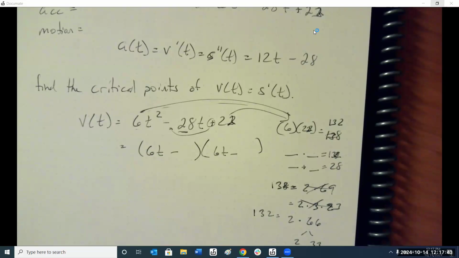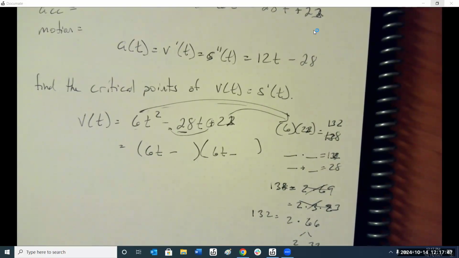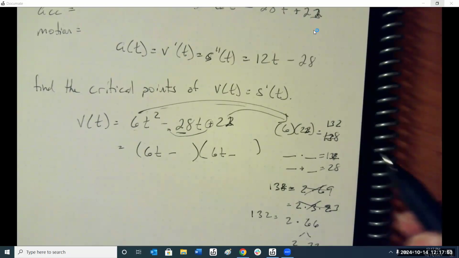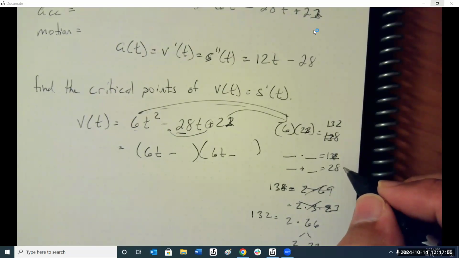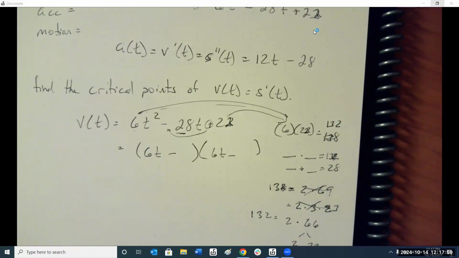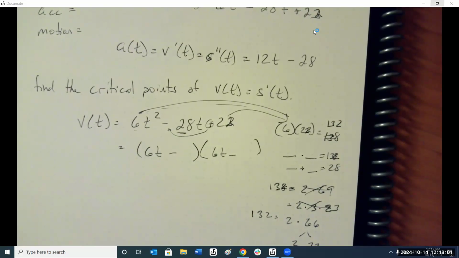So it's made up of 2 times 2 times 3 times 11. So what times what is 132?